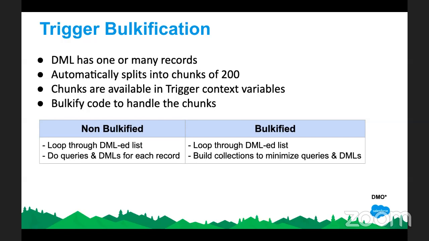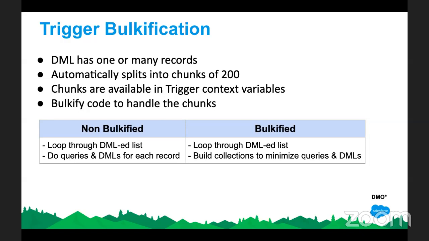Now, one of the features about triggers in Salesforce is that however big the list is, because we can send 500 or 1000 records in a single update or insert in a single DML, Salesforce will split it into chunks of 200 records.